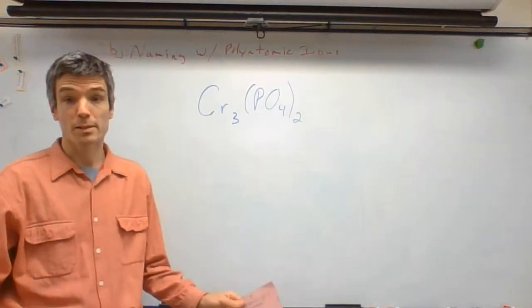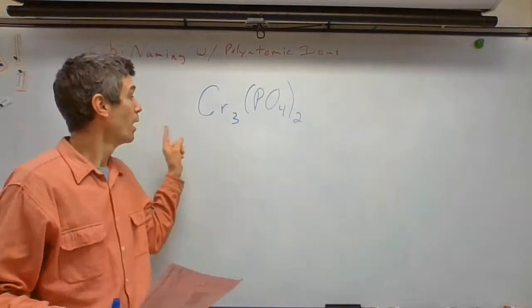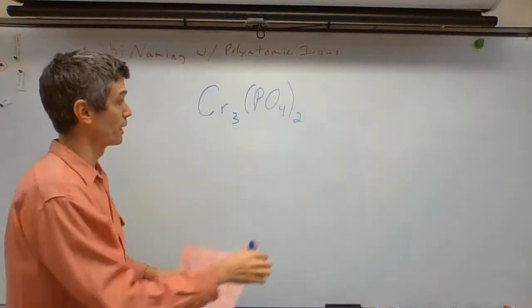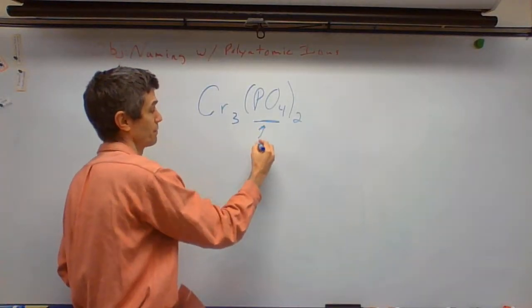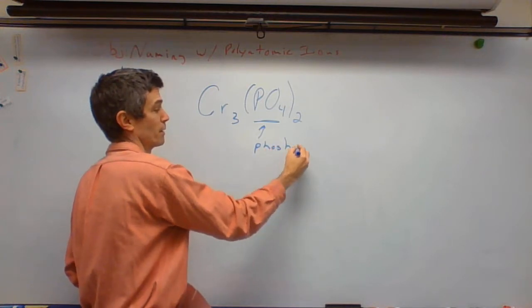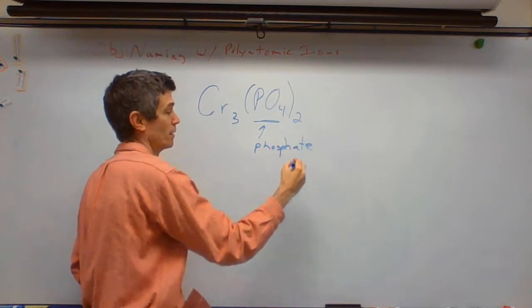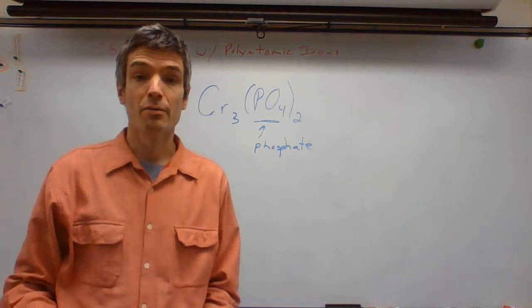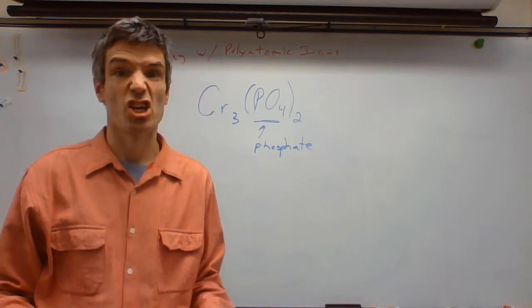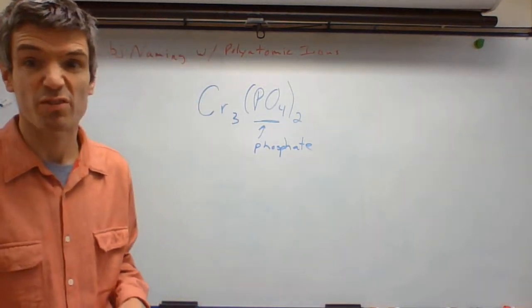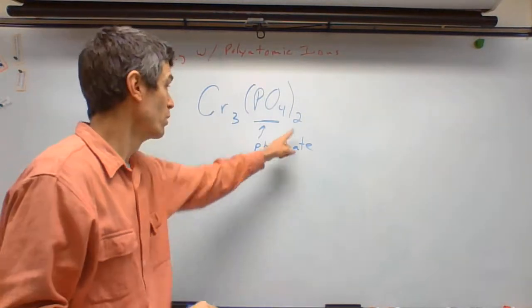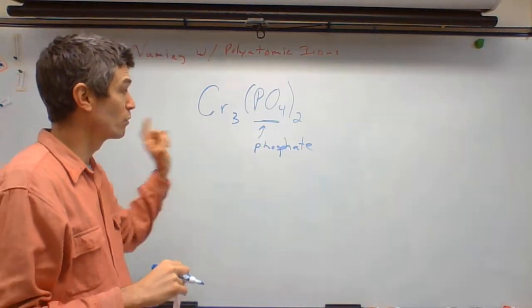All right, one last example. Where's my polyatomic ion? It's this thing right here. This is phosphate, and phosphate has a charge of -3. So how many of them do I have? I have 2, so I have 2 -3s.